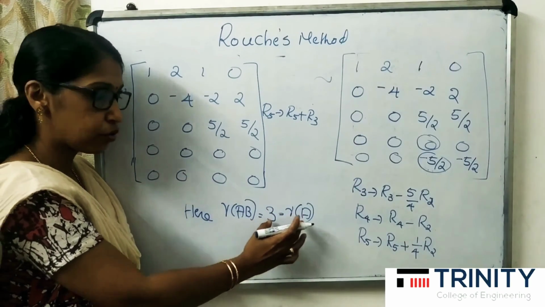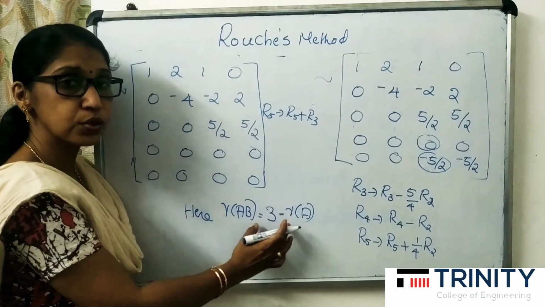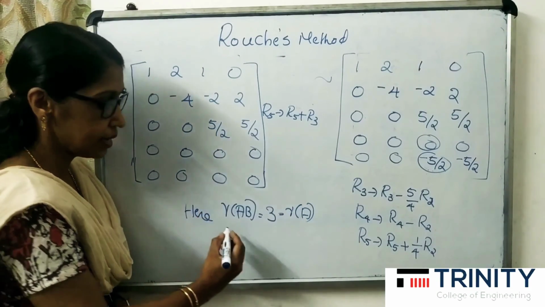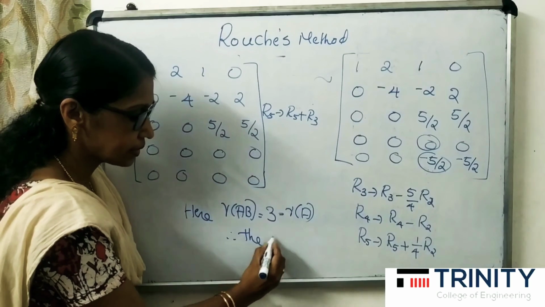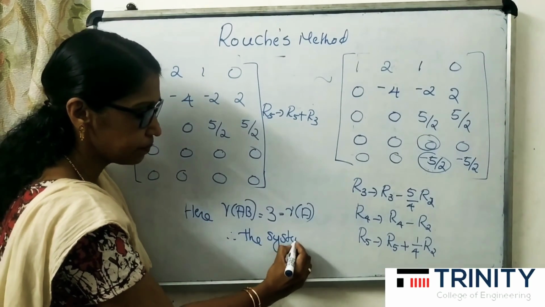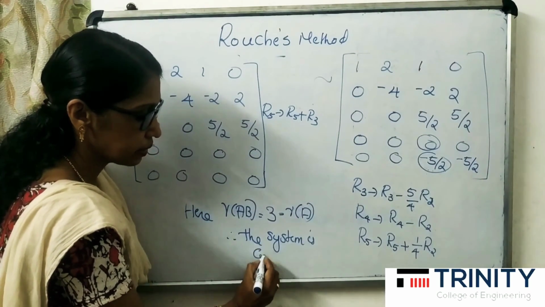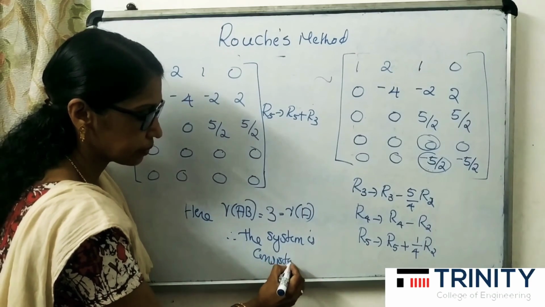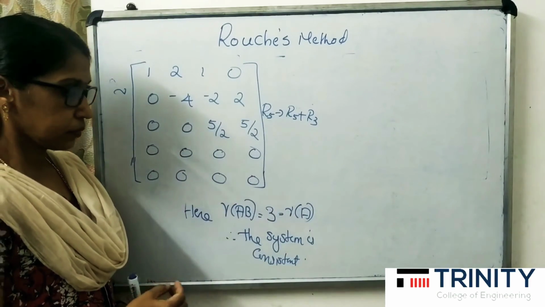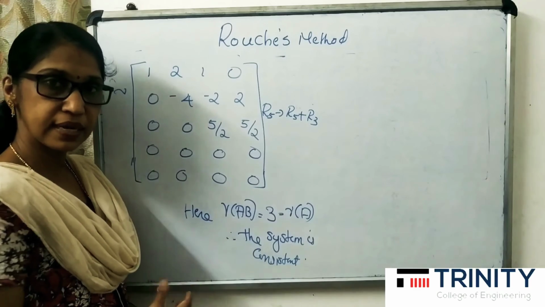Rank of AB and rank of A is equal. So the system is consistent. Therefore the system is consistent.